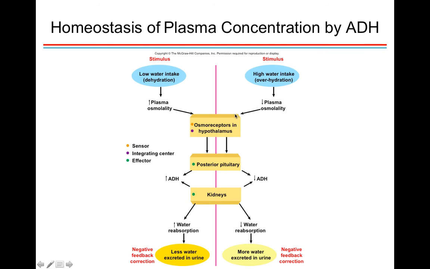The opposite situation happens when you're drinking a lot of water. Okay, so you're overhydrated or well hydrated. If you drink a lot of water, you're going to have a reduced plasma osmolality. The osmoreceptors will detect that.